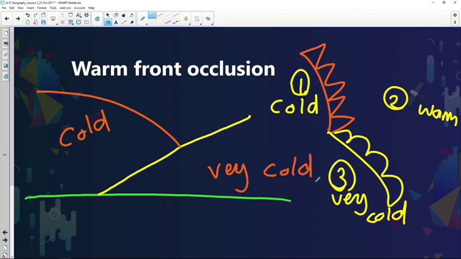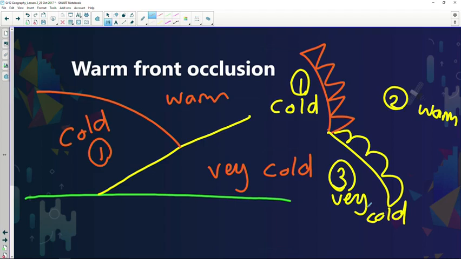And obviously, in both occlusions, the warm air has been displaced upwards. If you look at the numbers, as you can see, air is cold over here, all the warm air has been displaced upwards. Then you have your very cold air over there in front of the warm front.